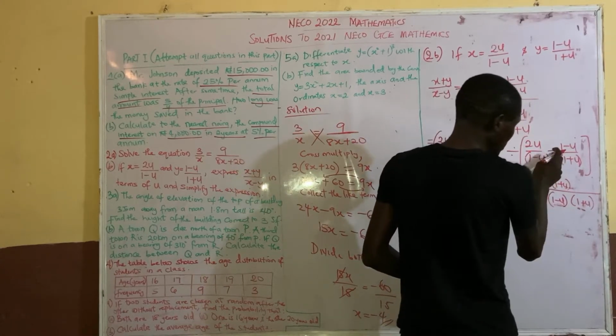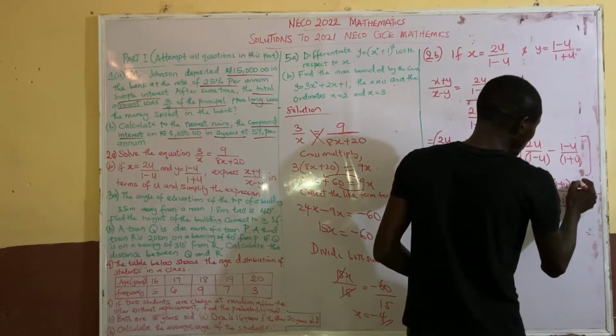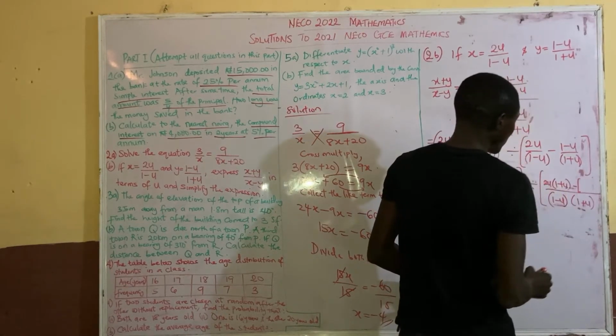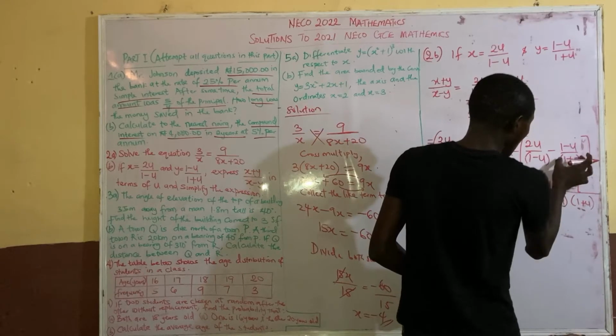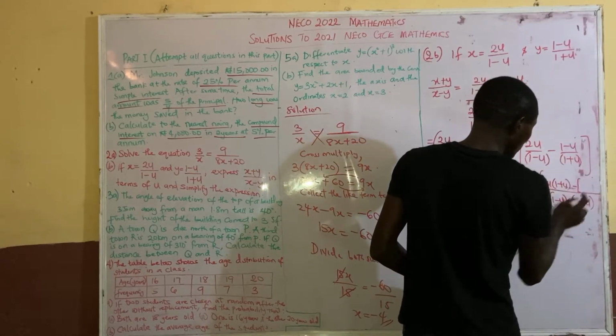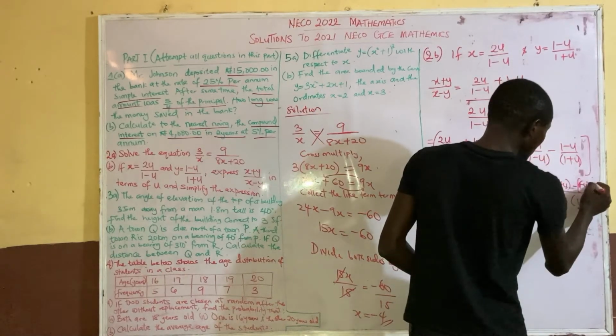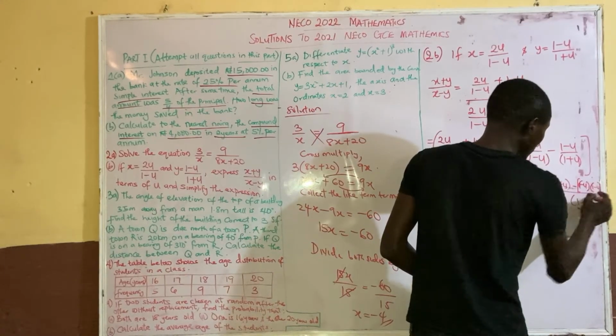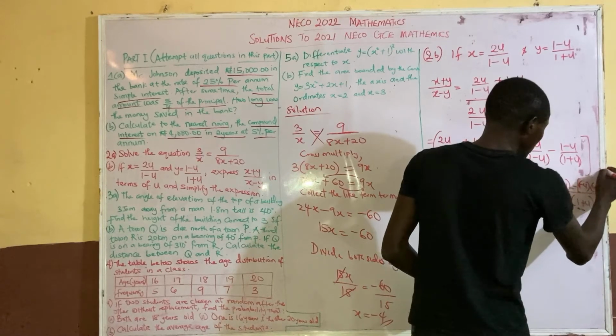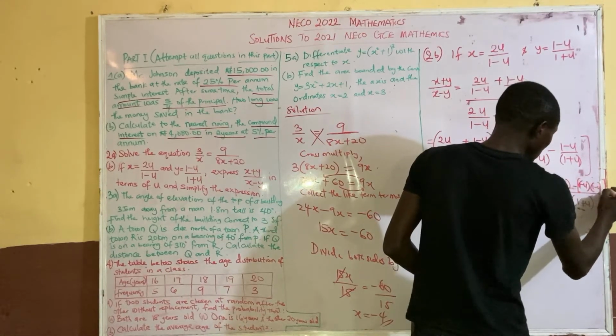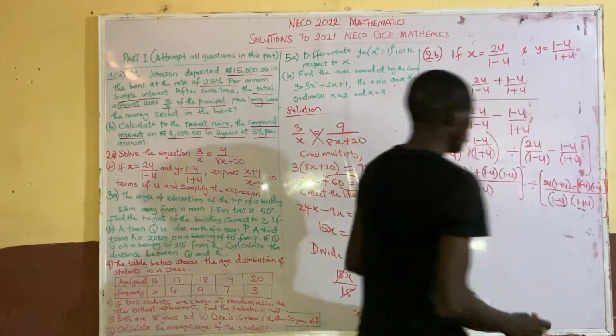Now you have to be careful with this minus. Can we also put another bracket because of this minus? So this 1 plus u, we cancel 1 plus u. So you have 1 minus u times another 1 minus u, bracket close. Then you close the big bracket. So that's about it.